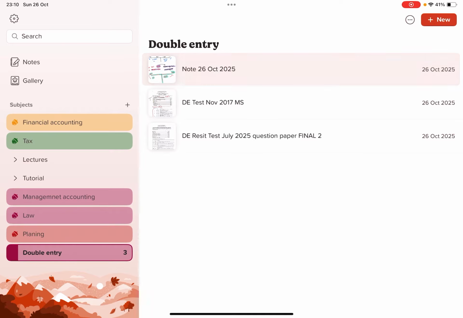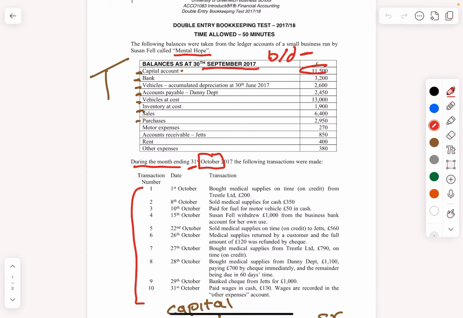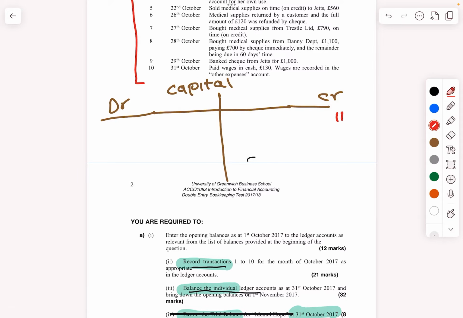So we're going to add this amount, 11,500, on the credit side. But we're going to name it balance brought down. Why? Because it's the opening balance for this month and it was the closing balance for last month.